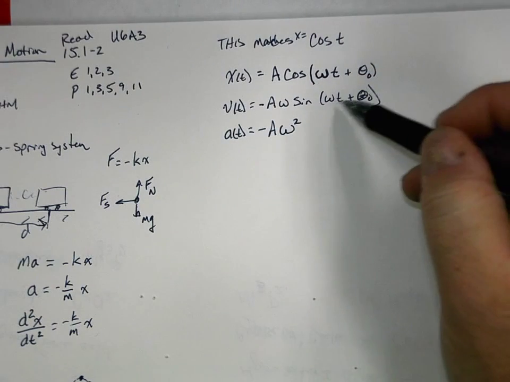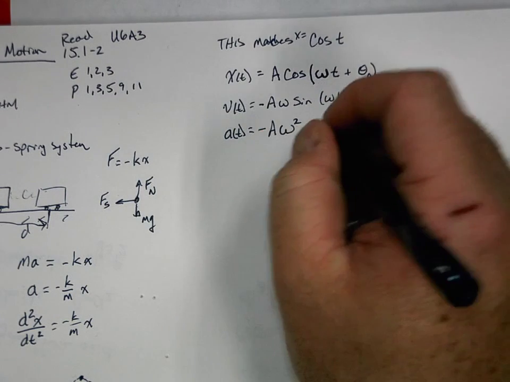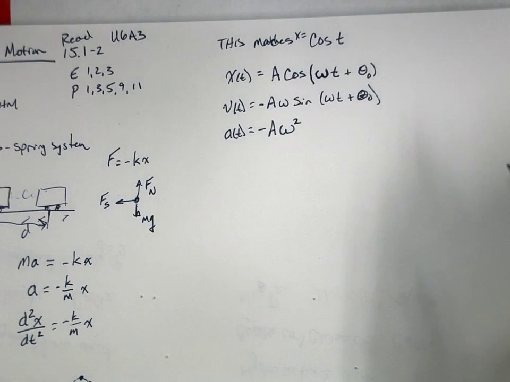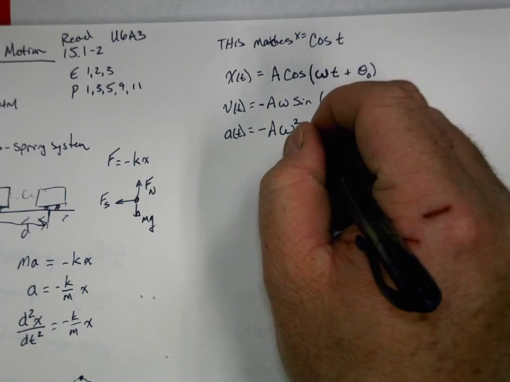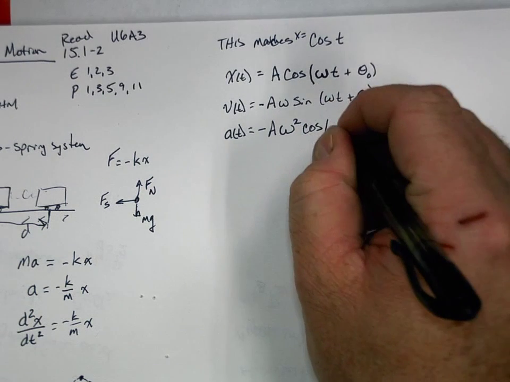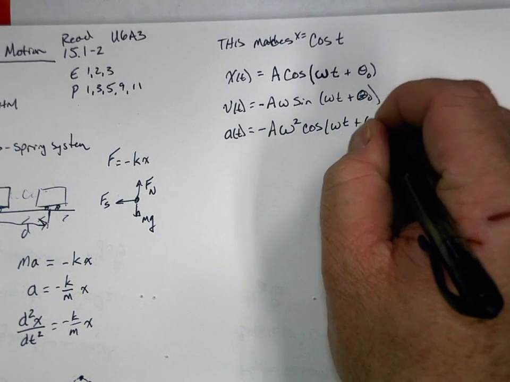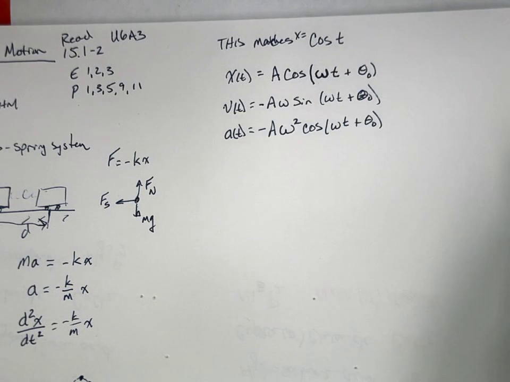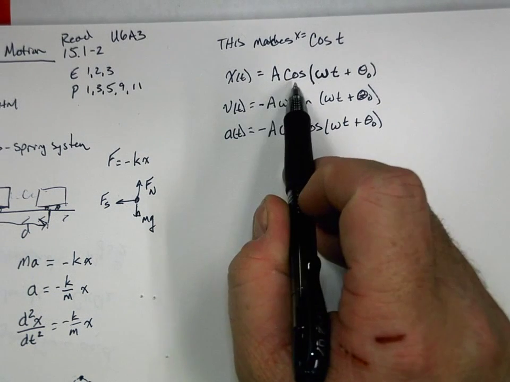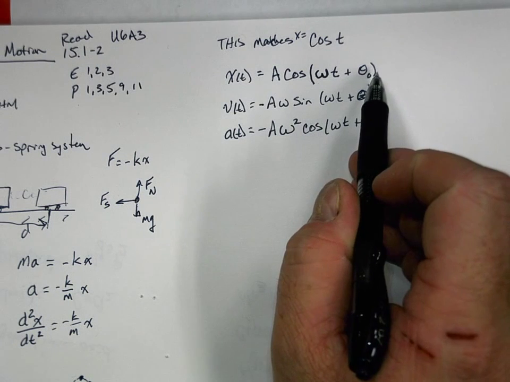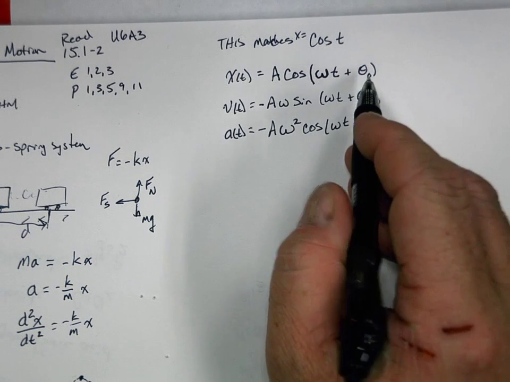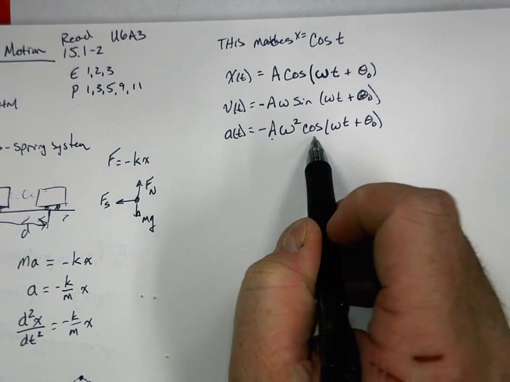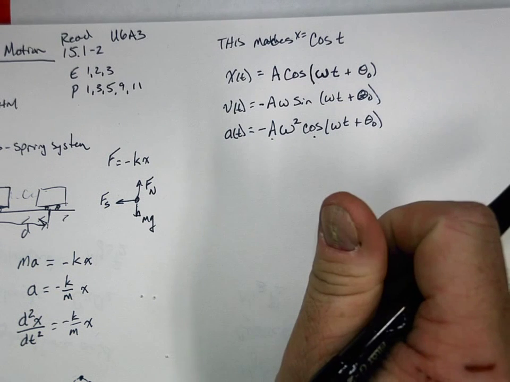This omega, we take the derivative of the inside. Yeah? Okay, then cosine of omega t plus theta naught. But look at this. A cosine of omega t plus theta naught is the same as x of t.